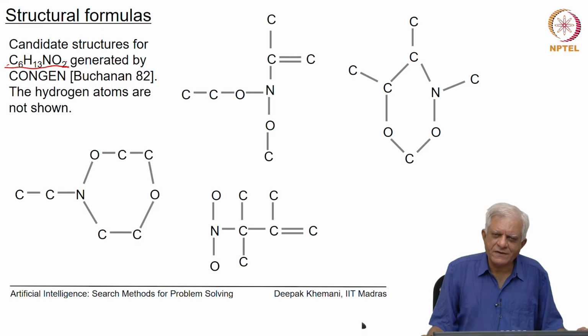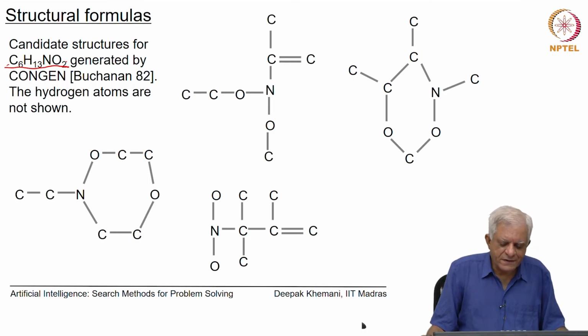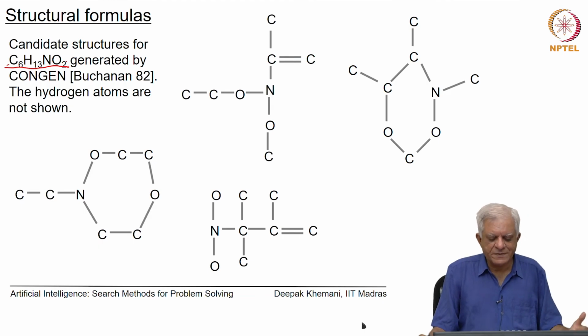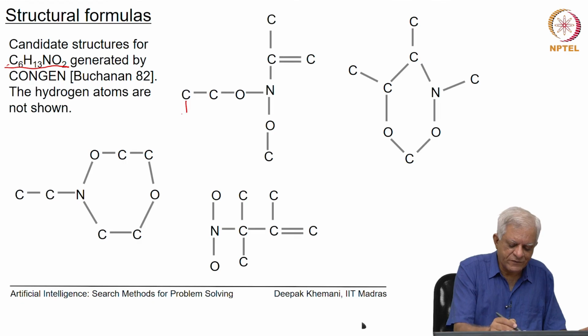In this diagram, which has been taken from a paper by Buchanan, we have not drawn the hydrogen atoms, but you can imagine that given that the valency of carbon is 4, there would be one hydrogen atom here, another here, and so on.